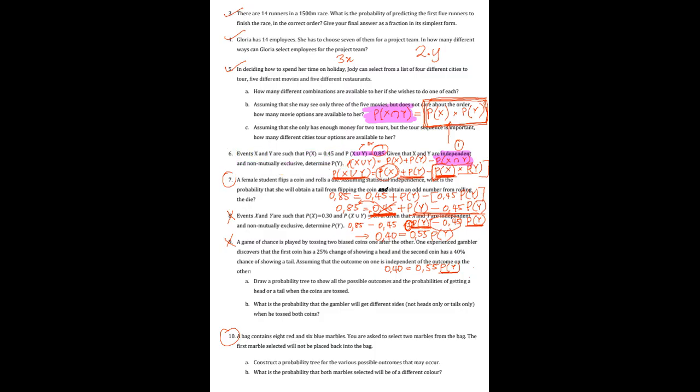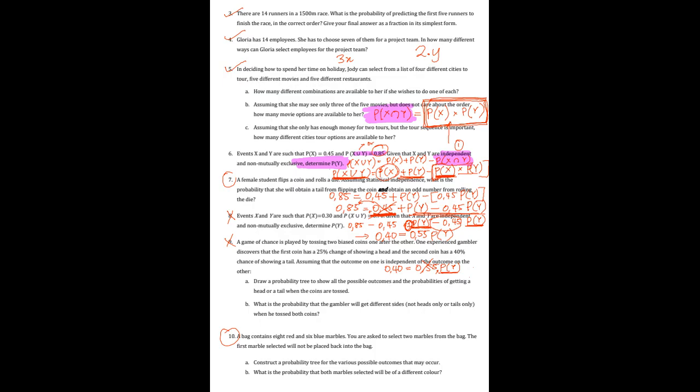So in order to determine the probability of y now, all you need to do is get rid of the 0.55. So to get rid of it, again, there's no sign between the 0.55 and the py. Automatically, that means that it's multiplication if there's no sign. So in order to get rid of the 0.55, you need to take it to the other side.